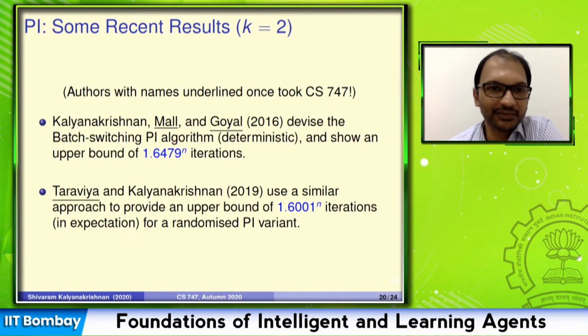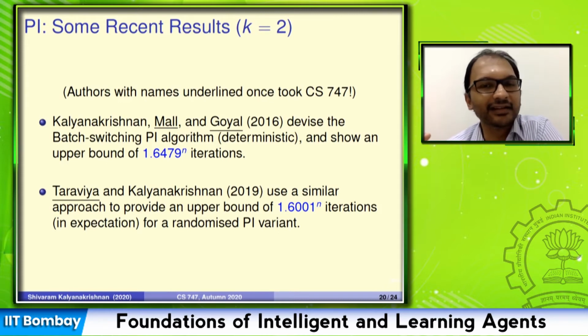But what are the results themselves? With Utkarsh Mall and Ritesh Goyal, we devised an algorithm called batch switching policy iteration. This is a deterministic algorithm, and for this we were able to show an upper bound of 1.64 something to the n iterations.